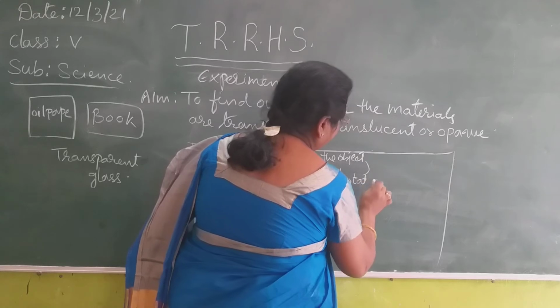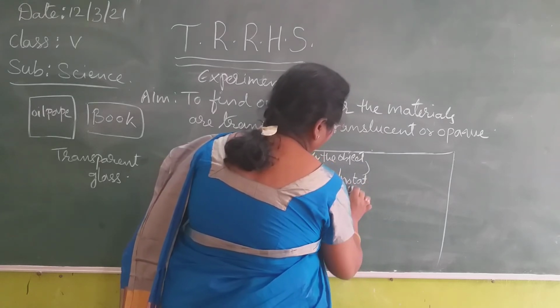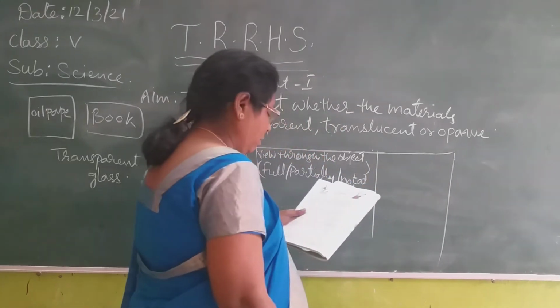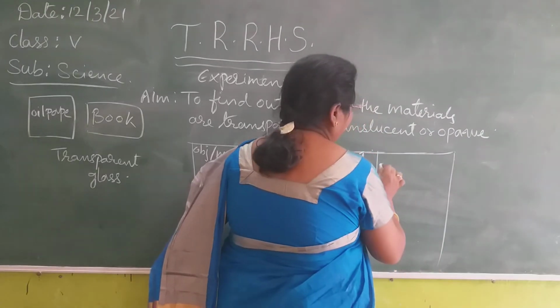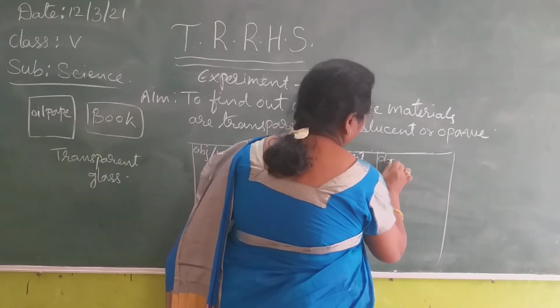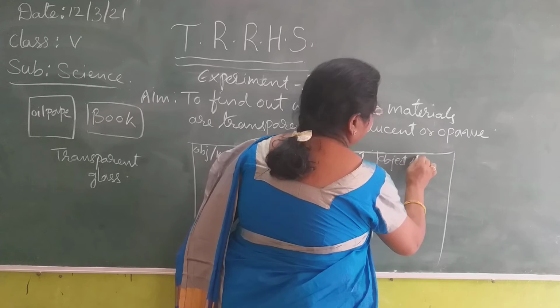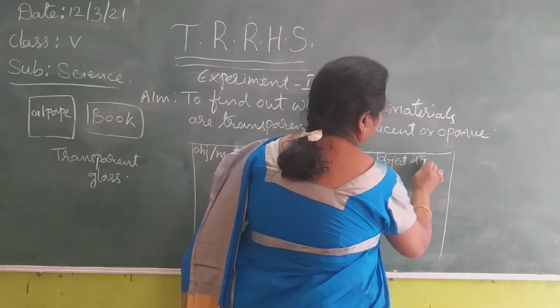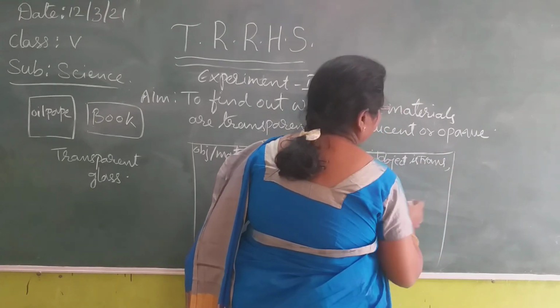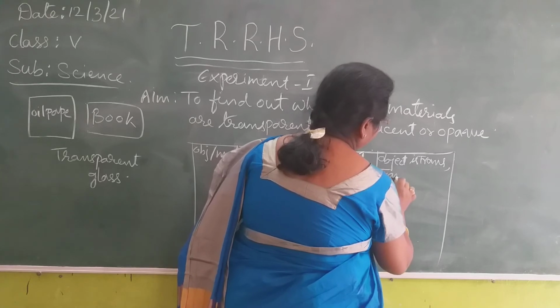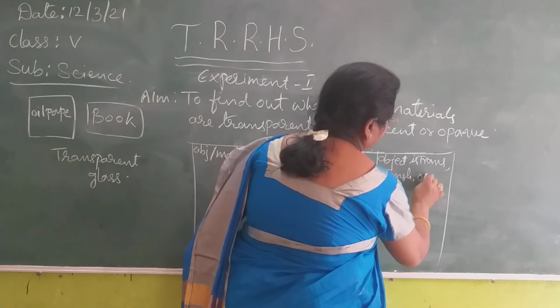Not at all means the light does not pass. Now here you have to write the object is transparent, translucent or opaque.